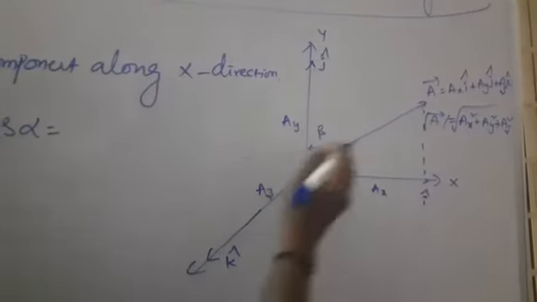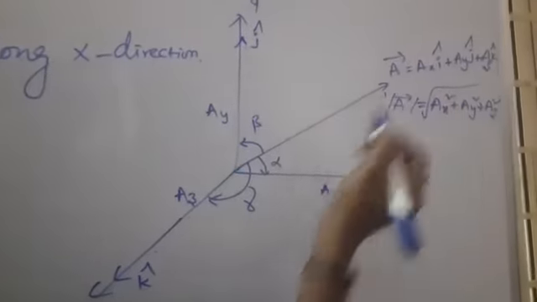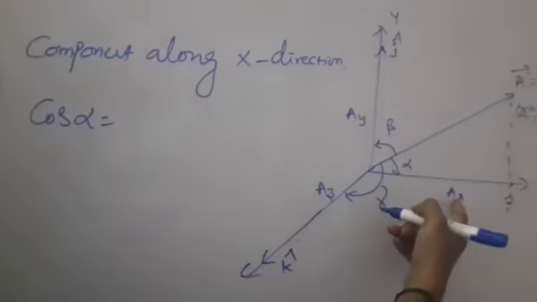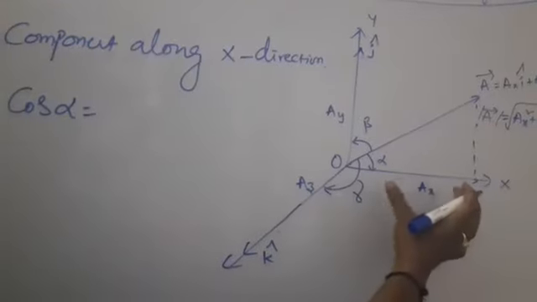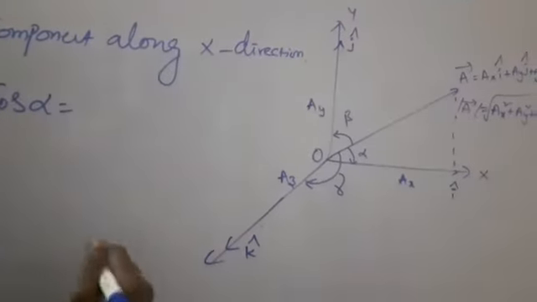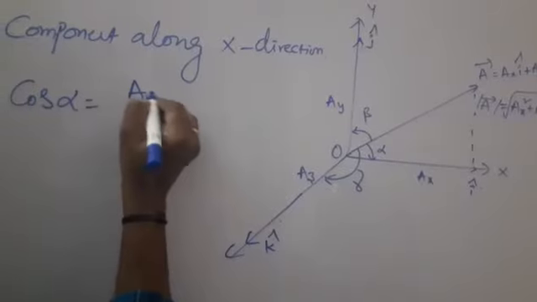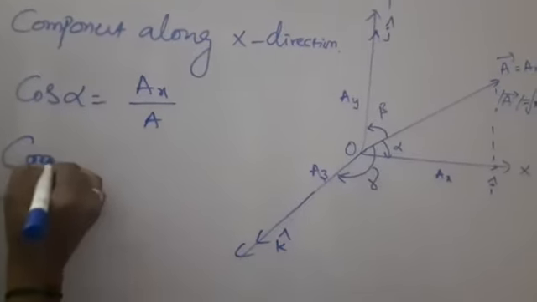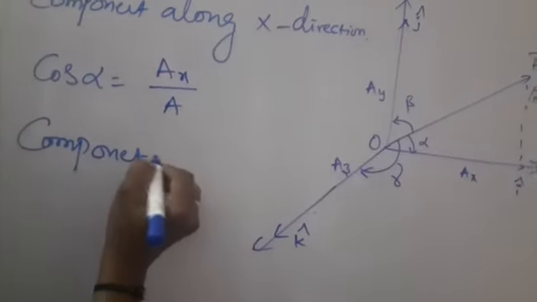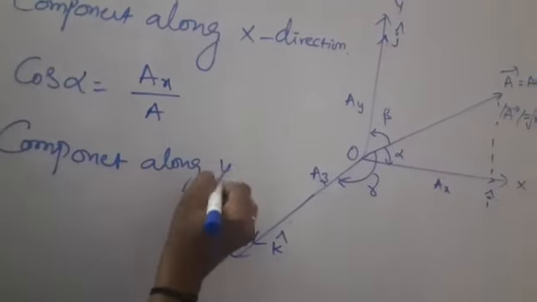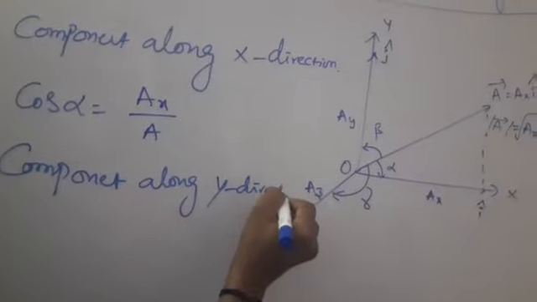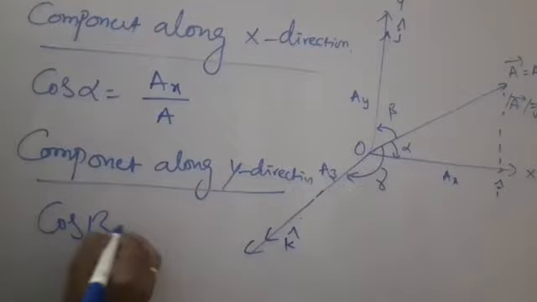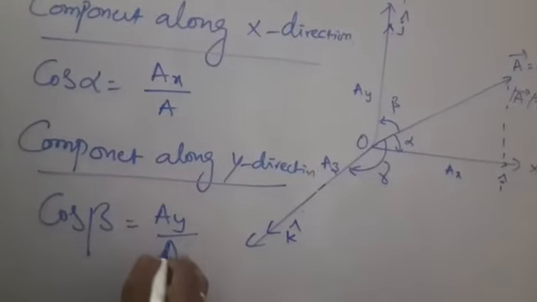So this is the magnitude. Cos alpha is adjacent side by hypotenuse, which means ax by a. Next, the component along the y direction: cos of beta is equal to ay divided by a.